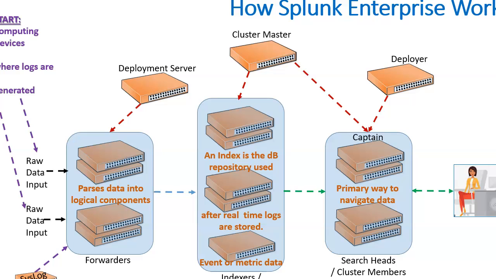Then I'm going to do parsing. Parsing is where the event occurs, which means that Splunk is going to analyze the data into individual components, and then that data is sent to the indexer.